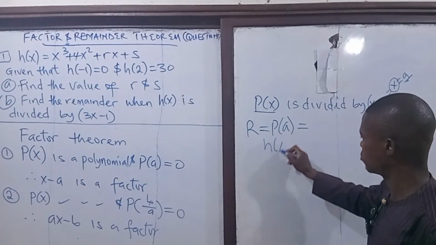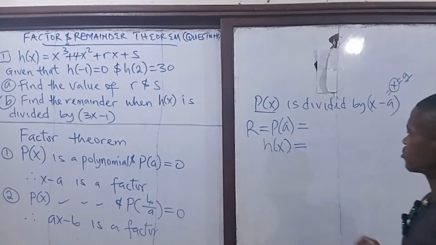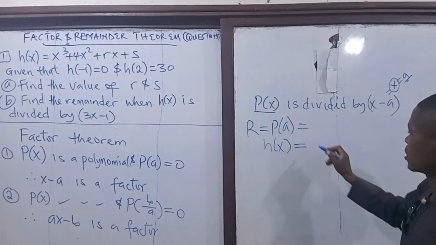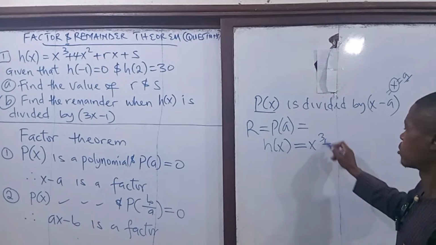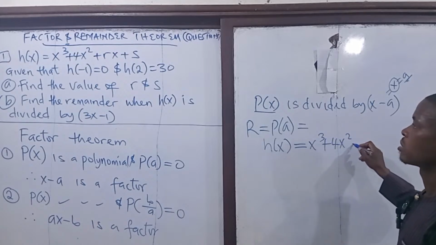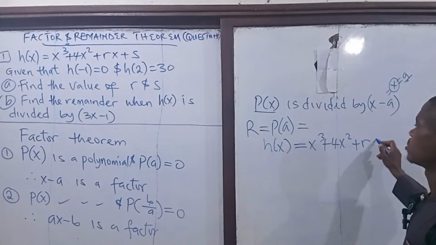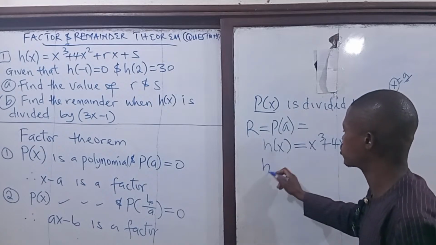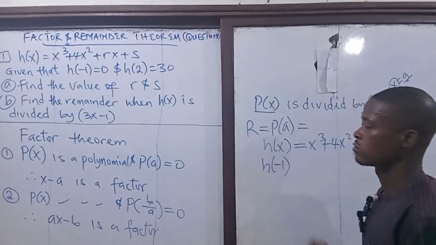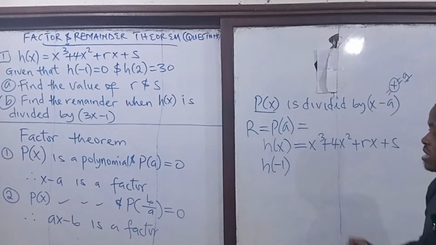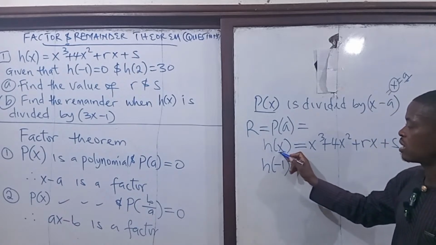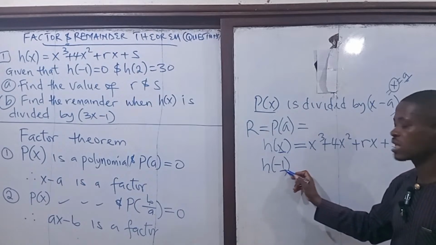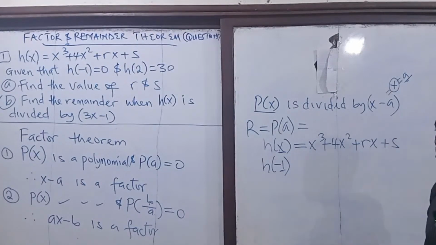The question we have here: we're given h of x as x cubed plus 4x squared plus rx plus x. We have this function for our polynomial. Then we are told that h of minus 1 is 0. H of minus 1 means wherever you see your x, you make substitutions, so x will be equal to minus 1.